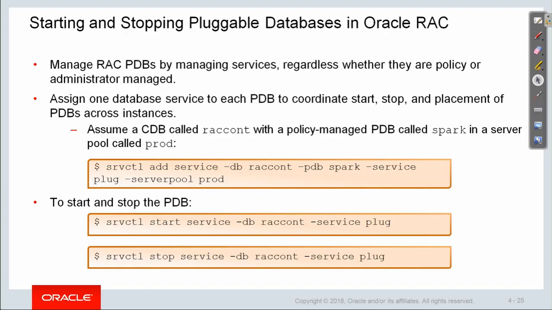Assign one database service to each PDB, and coordinate start, stop, and placement of a PDB across instances. And this is an example of adding a new service for a PDB. The service name in this example is PLUG, and it is to connect to the Spark PDB database.